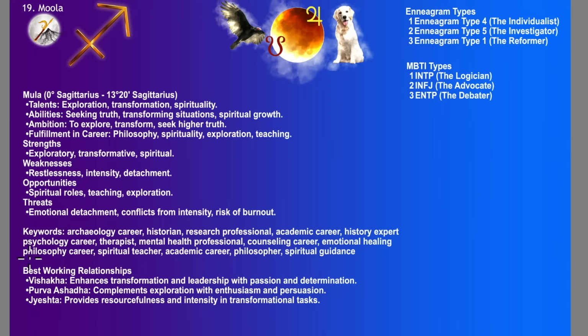They can also do well in philosophy careers, spiritual teacher of kinds, academic careers, maybe in philosophy, PhD in philosophy, that kind of thing, philosophers, spiritual guidance. They can also do well in this because they are in the process of only handling the truth. For Mula Nakshatra, nothing but the truth, which is the truth which can stand by itself.